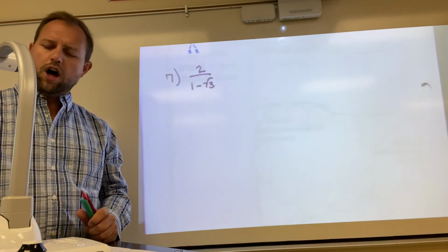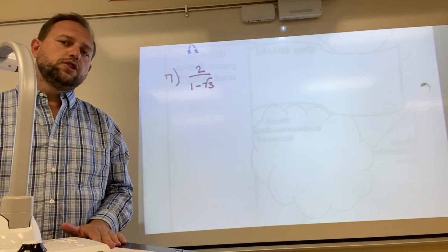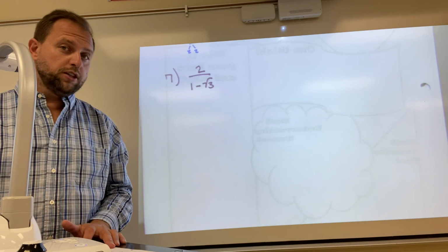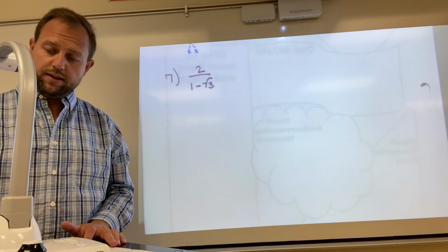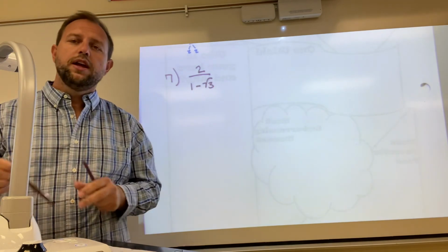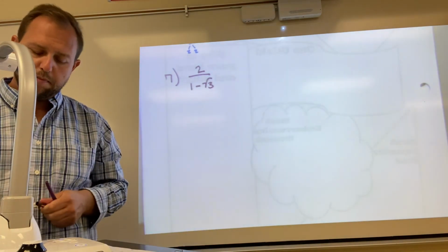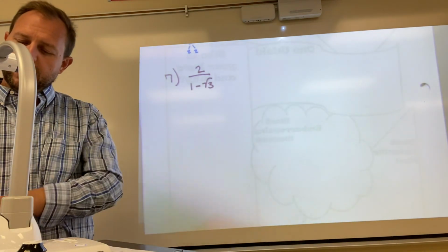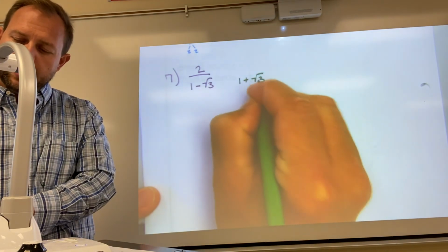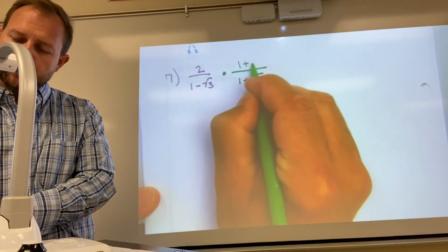And as you'll recall, when we had a binomial in the denominator, to get the radical out of the denominator, we had to multiply by its conjugate, which is that binomial just changing the sign in the middle. So this was 1 minus root 3. The conjugate of that denominator is 1 plus root 3. And whatever we do to the bottom, we have to do to the top.